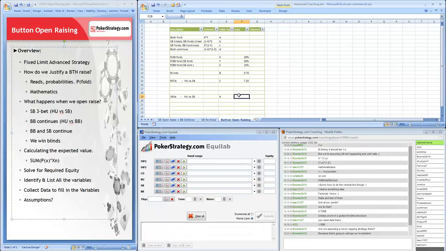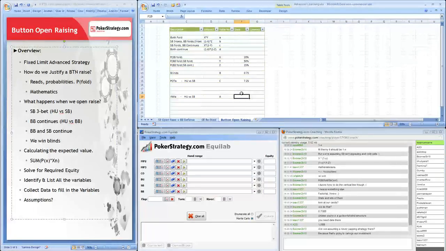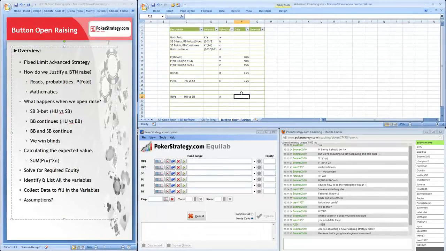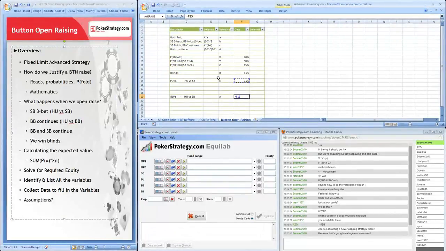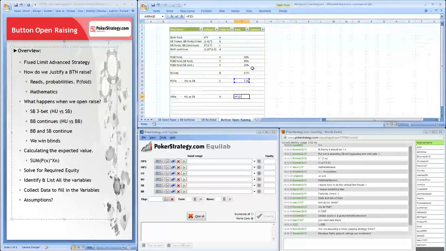And then if we've made a forced bet pre-flop, then we subtract that as well. But when we open raise the button, we haven't made a forced bet, so we don't need to do that. So here we could say that our investment is equal to the average pot size. If we're heads up against a small blind, then we know that the big blind has folded, so we're going to be subtracting the blinds from this.